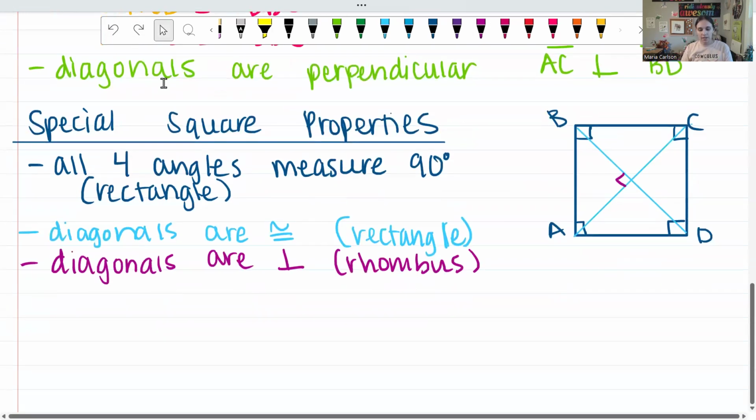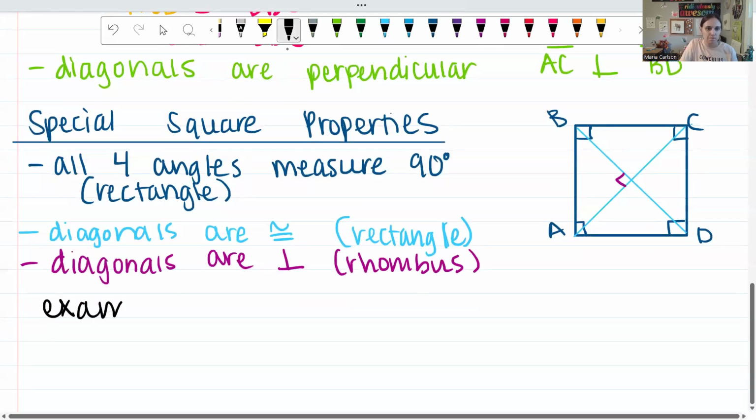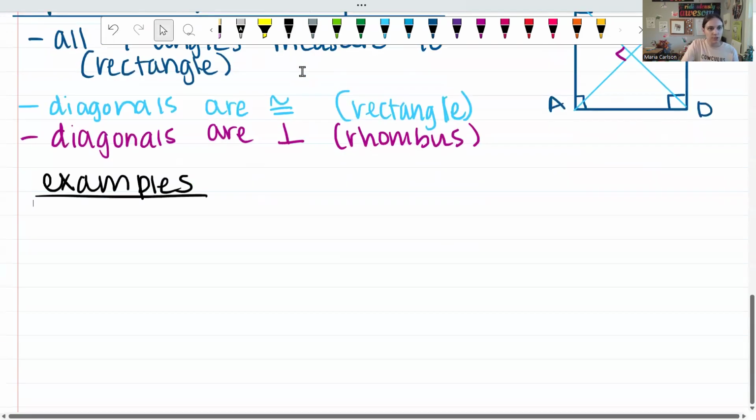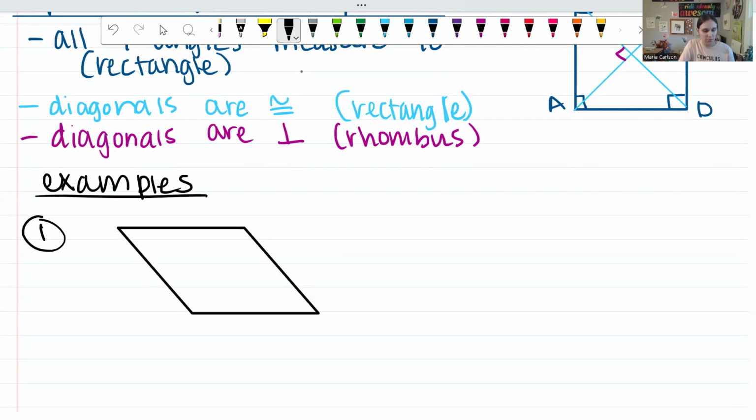All right, I am going to go through a couple examples now. So first problem, we are going to do the diagram first. So we are going to draw this rhombus, and let's see how it comes out for me. Not too shabby.